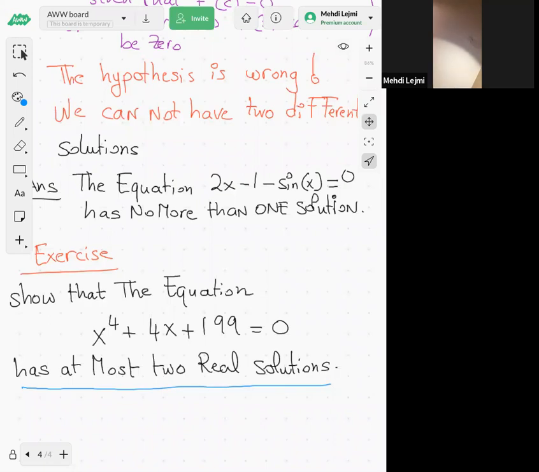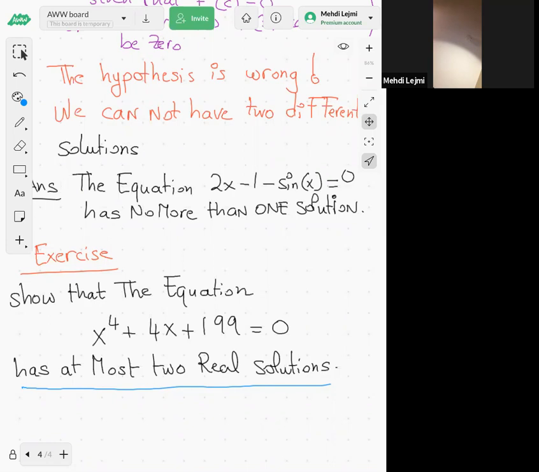All right, guys. We have like 7 minutes. So I'm gonna try to go over this exercise in the last 7 minutes. As I said, the idea is to use a proof by contradiction, right?